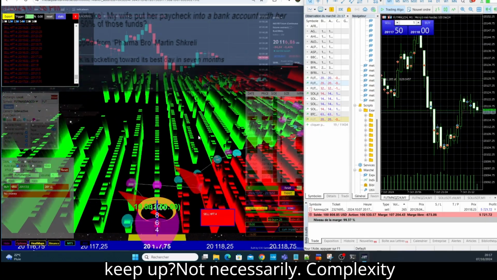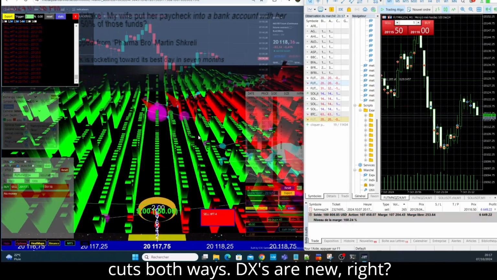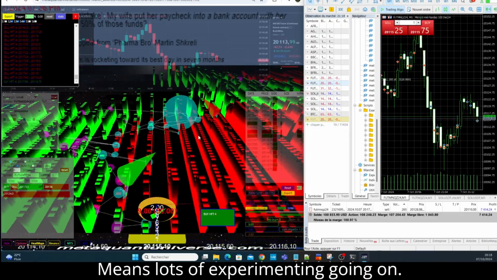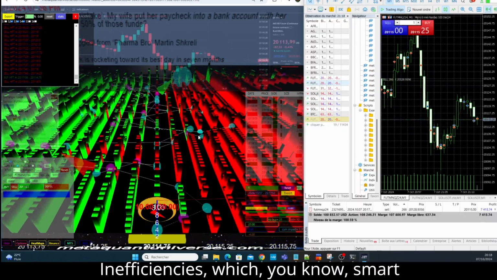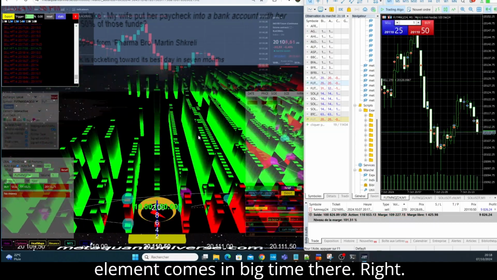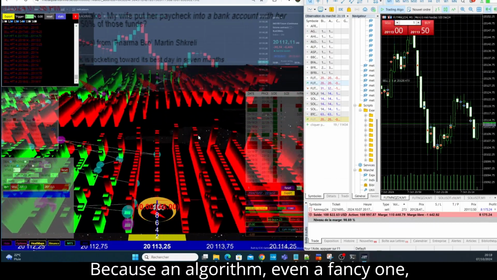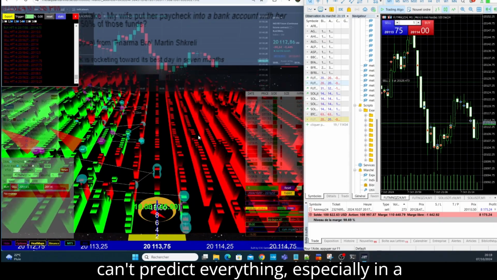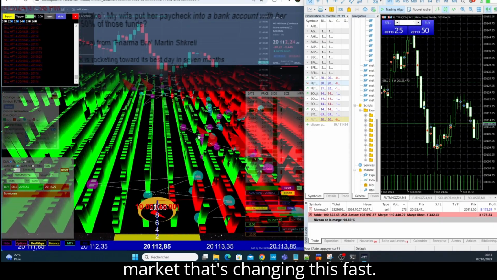Not necessarily. Complexity cuts both ways. DEXs are new, right? Means lots of experimenting going on. Inefficiencies, which smart traders can use to their advantage. The human element comes in big time there. Right, because an algorithm, even a fancy one, can't predict everything, especially in a market that's changing this fast. Exactly.